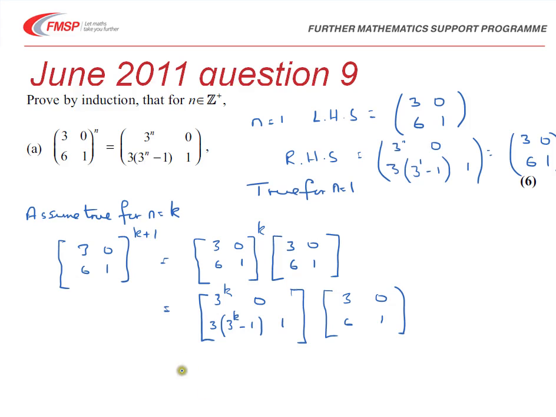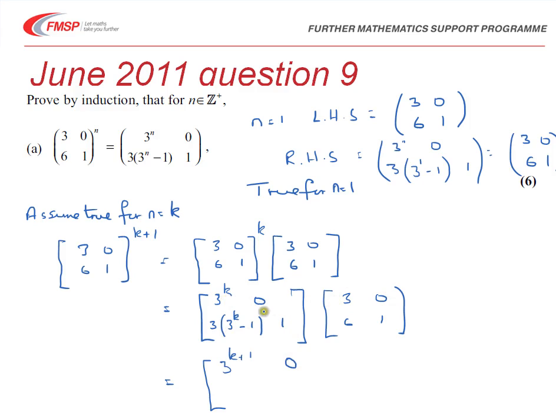Well, this is just a little bit of matrix multiplication, obviously. So remember that we're taking the rows of the first matrix and using matrix multiplication to combine them with the columns of the second matrix. So the elements here are going to be 3 to the k multiplied by 3, so that's 3 to the power k plus 1, and 0 times 6, so that's it. The second element on the top row is going to be 0 because we've got 3 to the k times 0 and 0 times 1.